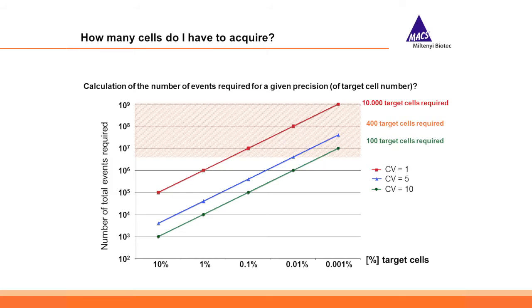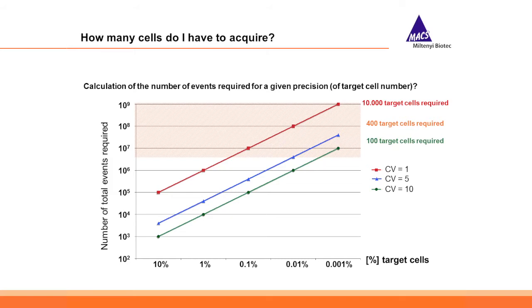On the x-axis you have the frequency of your target cells, and on the y-axis you have the number of total cells that you have to acquire in the experiment. And then you have these three lines here, and they represent the different statistical significance levels that you want to achieve with your data.